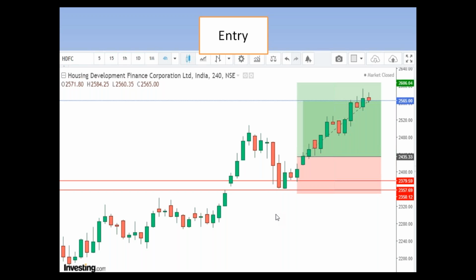In the second example, I'll be showing you the same trade, same pattern in Adani Port, but the entry time frame would be a shorter time frame. Okay. So how many of you are aware of a double top or a double bottom pattern?